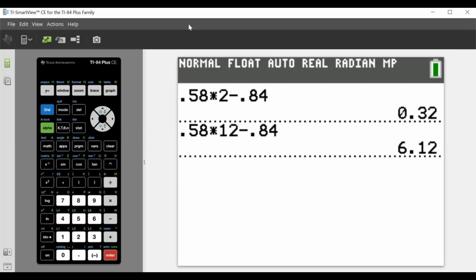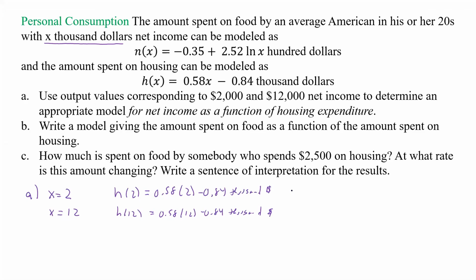All right, so 0.32 and 6.12, again in thousands of dollars. Now, if we were supposed to use the output to determine the other way, then our output becomes the input in a new function. And so our new function is going to use the points (0.32, 2) and (6.12, 12).